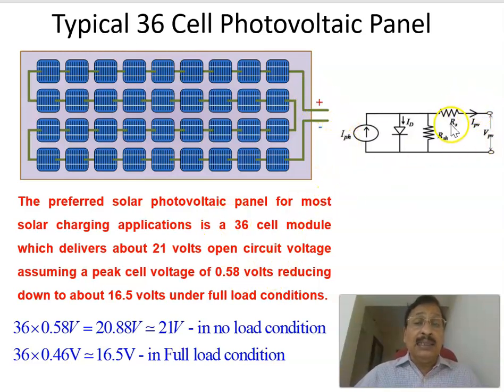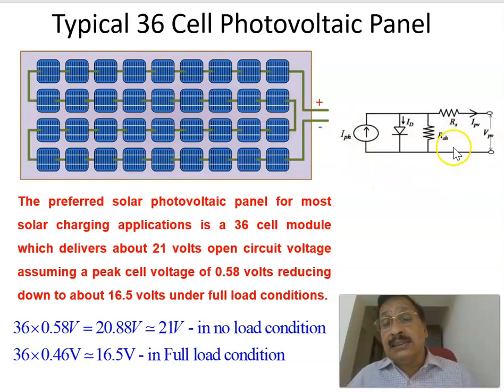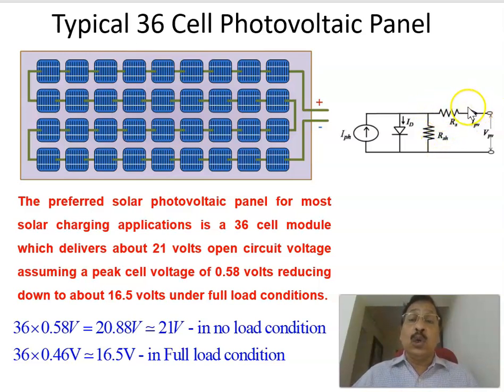Now, under no load condition it is 21 volts, but when you connect a load, what happens? This is the practical equivalent circuit of a solar cell. There is a series resistance, and a shunt resistance also. Because of the series resistance, when it is loaded there will be a drop across the series resistance and the available voltage reduces slightly.